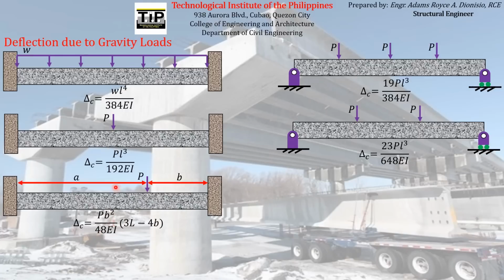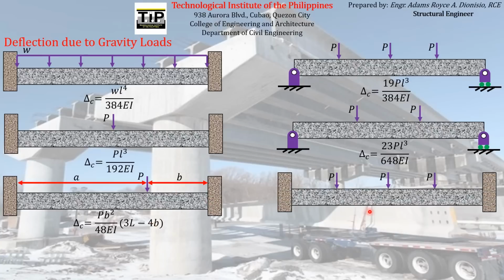It is the product of the magnitude of the concentrated load and the distance from the right end, B squared, divided by 48 EI, times 3 times the length, where the length is the total length of the fully restrained beam, minus 4 times the distance with respect to the right end or the right support.